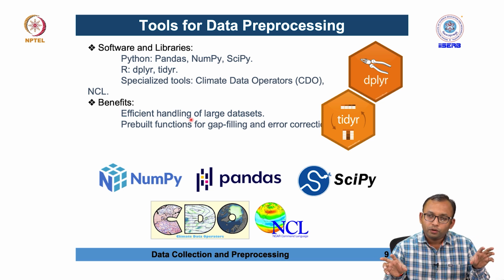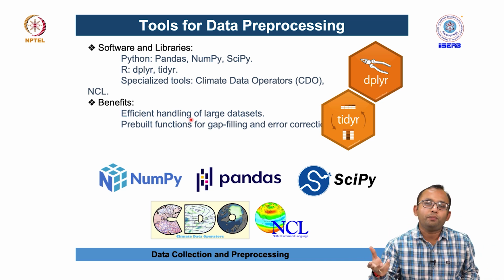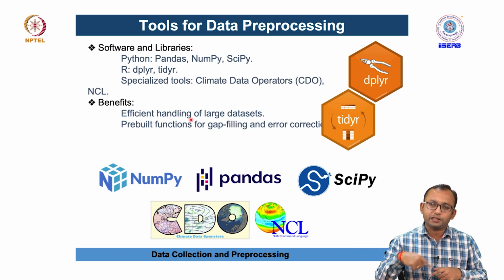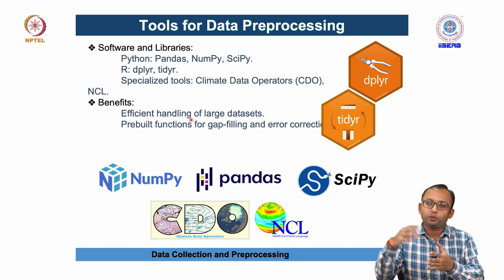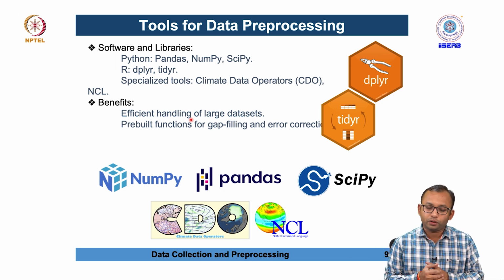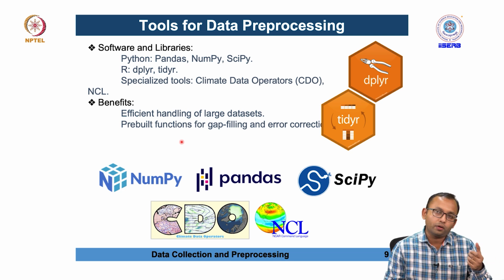What we can simply do is put all the 1000 time series in a for loop where I vary from 1 to 1000, and in each iteration the algorithm picks one data series at a time and corrects the data according to whatever you have written in that code. That is how we can efficiently handle the large data set, and we can use pre-built functions for gap filling or error corrections, which means we do not need to write our own error detection program or whole code.